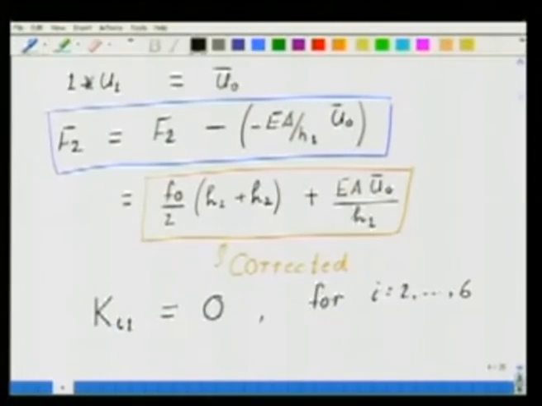Certainly, we are not going to do this to the first row, because then it makes no sense. From the first row, we want U1 equal to U naught bar, and from the second row onwards, we want to take care of this known value of U naught by suitably modifying our load vector.